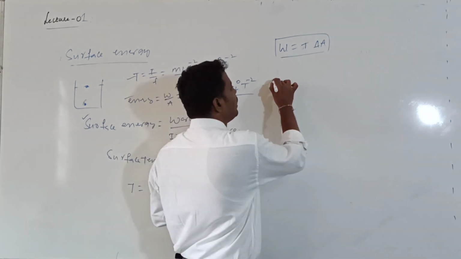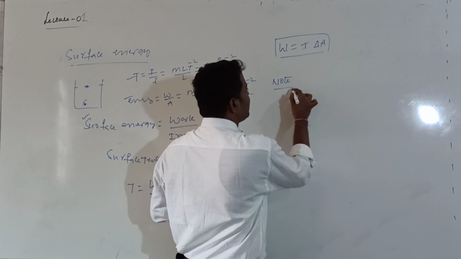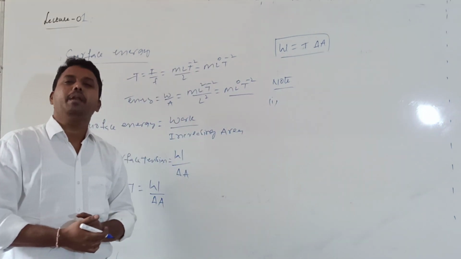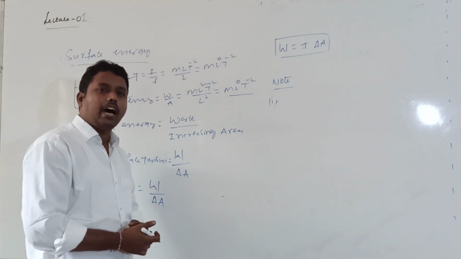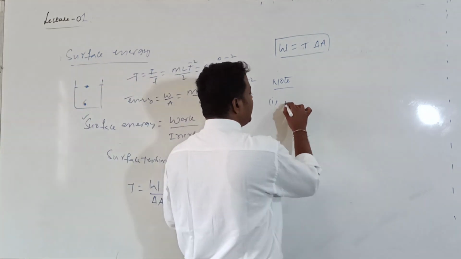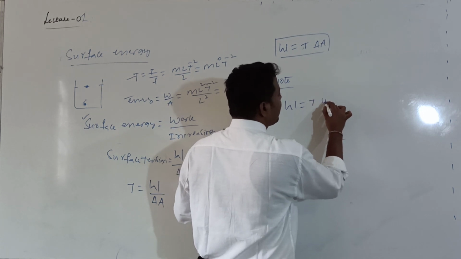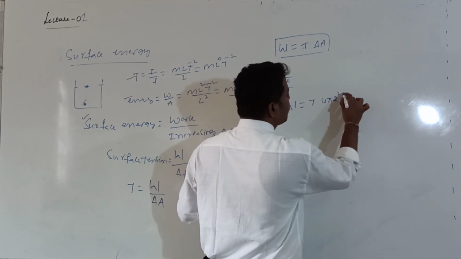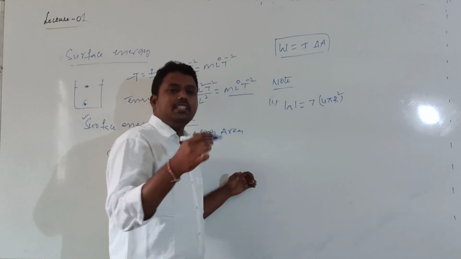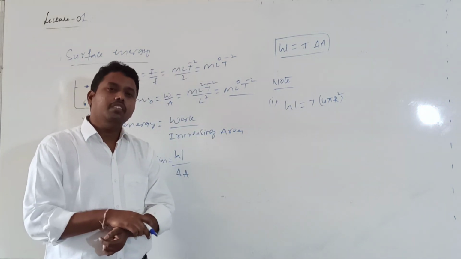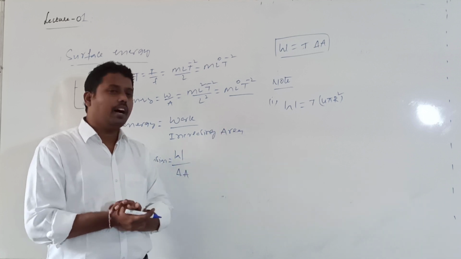So take one example, note it down. First, I want to blow one air bubble of radius R. How much work has to be done? The work done W is equal to T times the area, given by 4 pi R square. The initial area of the air bubble is 0, since it is not there initially. The final area is 4 pi R square.